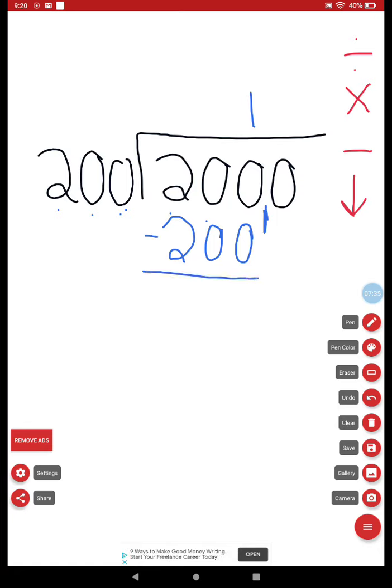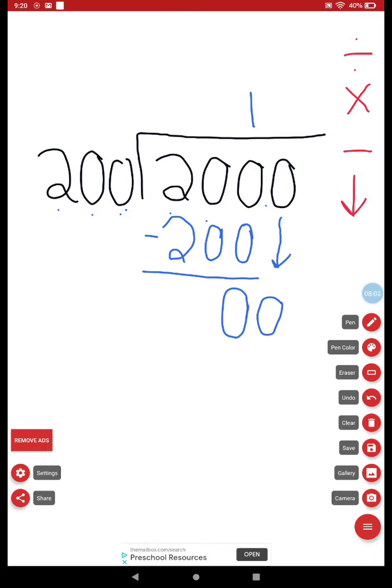What's 200 subtract 200? Very good, it's 0. All right, and you know how I had this little arrow or this little line here to block off? Let's get rid of that, we don't need them anymore. Go back to our chant. Divide, multiply, subtract, bring down. Hey, I've got another number over here. I'm going to bring it down.